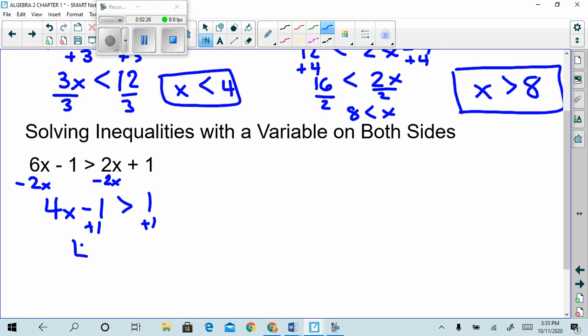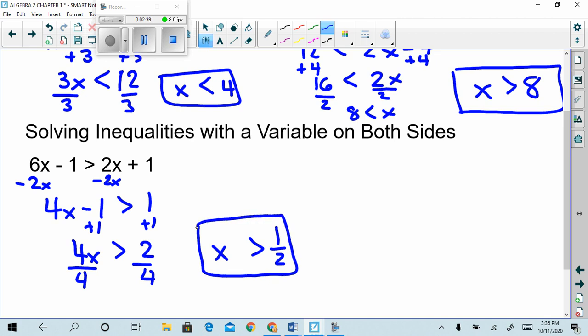That gives me 4x is greater than 2. And we'll divide by 4. Simplify, and we get x is greater than 1/2. Again, we're dealing with real numbers. We can get fractions and decimals as well as integers. So remembering everything we learned about equations, we're now applying to inequalities. Those were our simple inequalities.